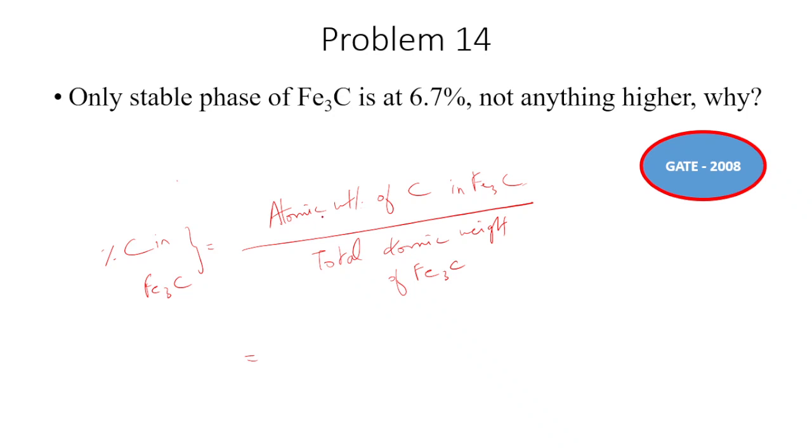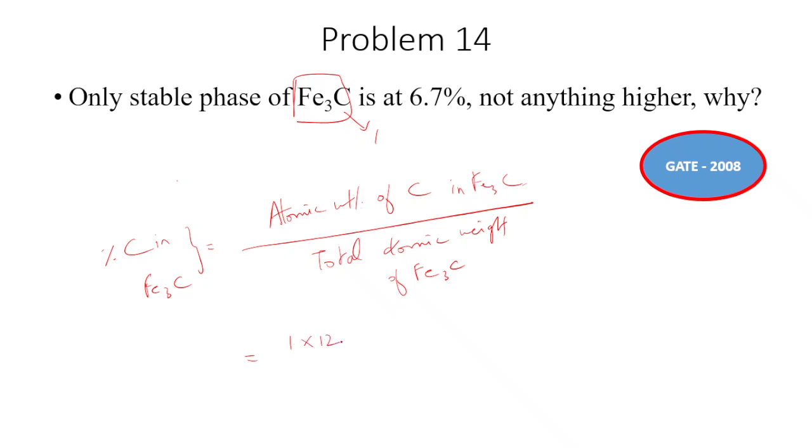So what is the atomic weight of carbon? Yeah, 12. In Fe3C there is only one carbon.